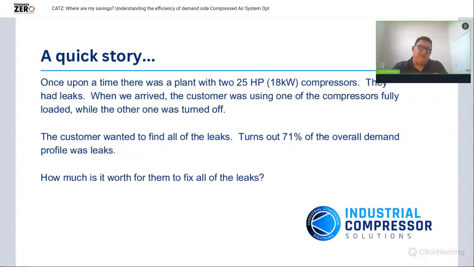The customer wanted to find all the leaks, and when we did the leak survey, we found out that 71% of that first compressor was dedicated completely to leaks. The question I have for you is, how much is it worth for that customer to fix those leaks? We're going to talk about that today.